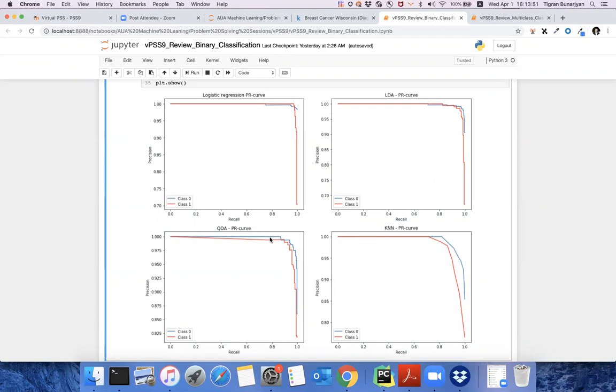But we cannot predict, for example, if we increase the number of entries in our dataset, and say we have 2,000 observations of breast cancer data, we cannot say that logistic would also be the champion among these four. So for this current situation, I would go with the logistic regression, and that's all.